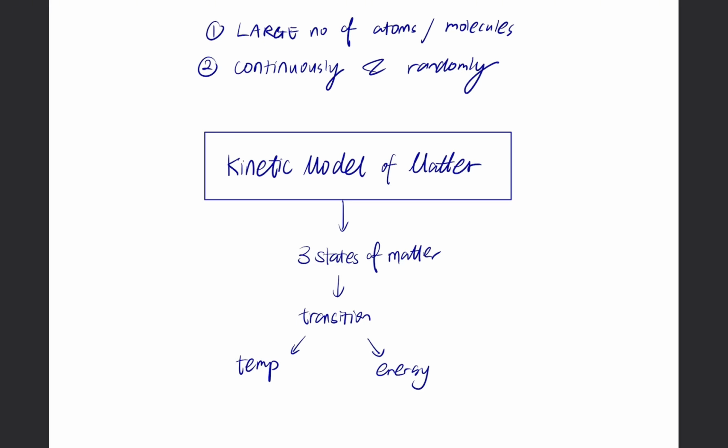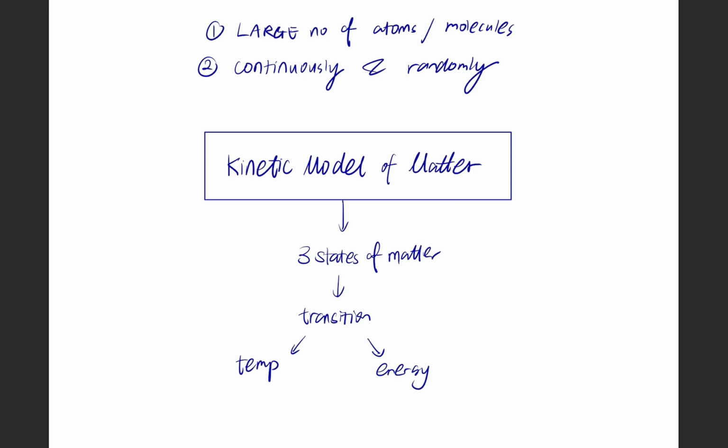If you remember the Brownian motion experiment, you're able to see the small particles moving because they are collided by the surrounding air molecules, which push and collide them continuously and randomly. Now, we know that everything and anything in the world functions based on the kinetic model of matter.